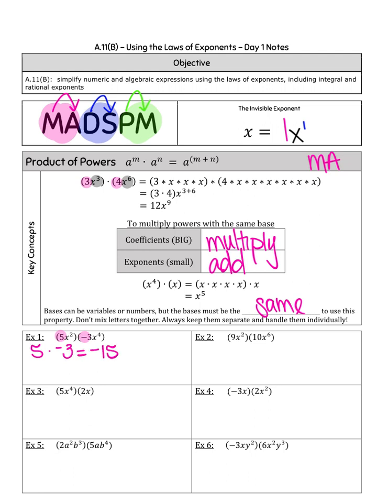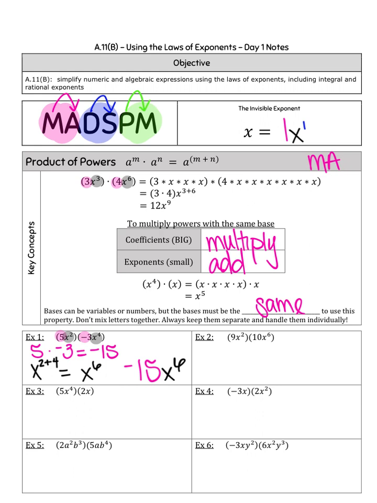Then I'm going to look at my variables, and I have x to the second power and x to the fourth power. And I'm going to write those in a list, x to the second power, knowing that I'm going to add those two things together to get my total of x to the sixth power. So my final answer is negative 15x to the sixth power.